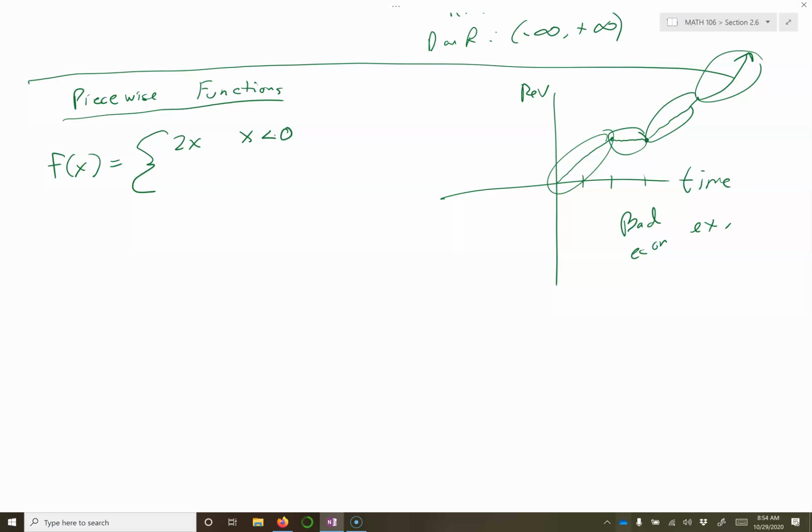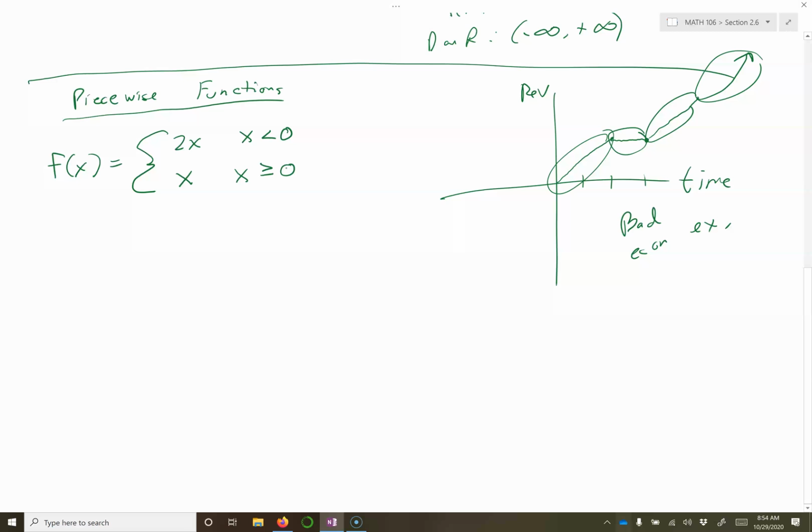And then say f of x is x when x is greater than or equal to 0. Okay? All right, so what do we get? So that's what it looks like. And however many rows you have after that curly brace is how many pieces you have to the function.